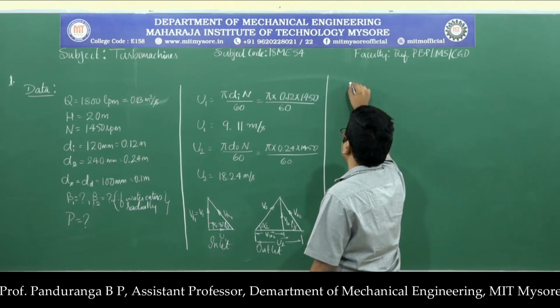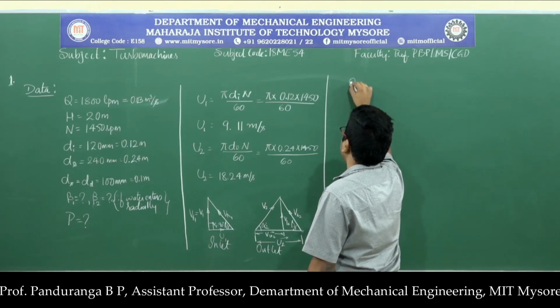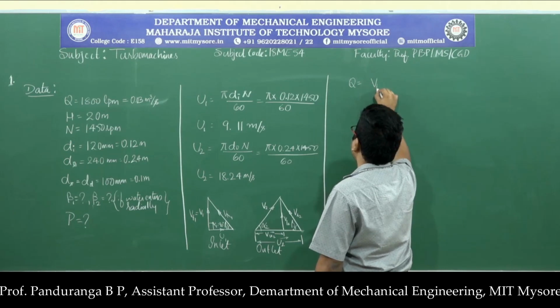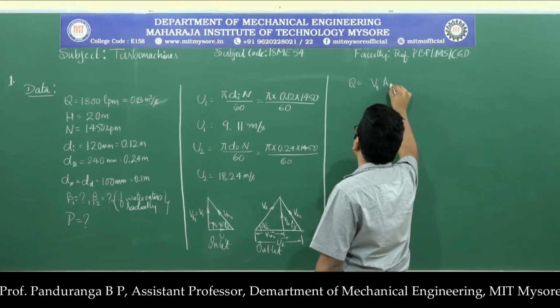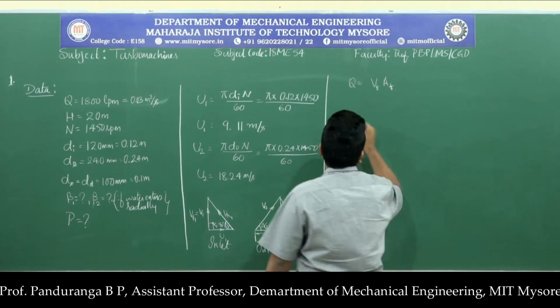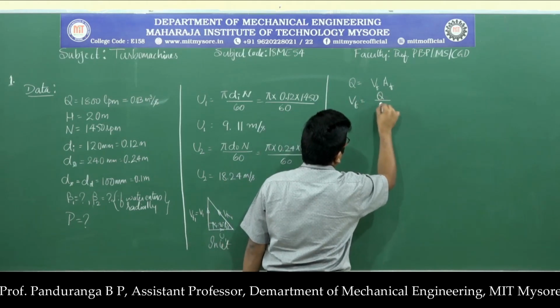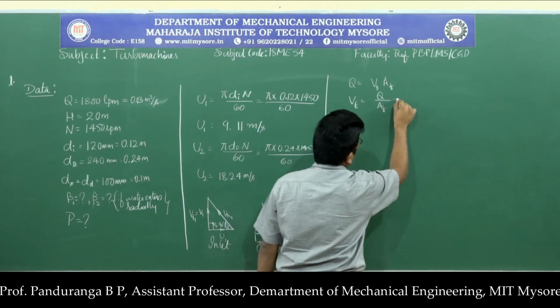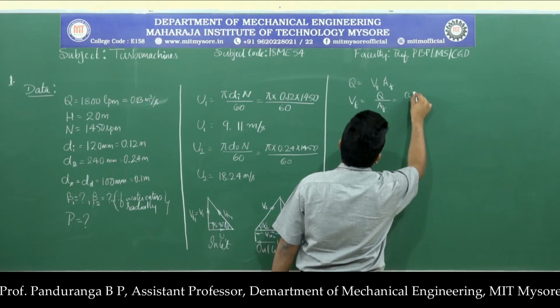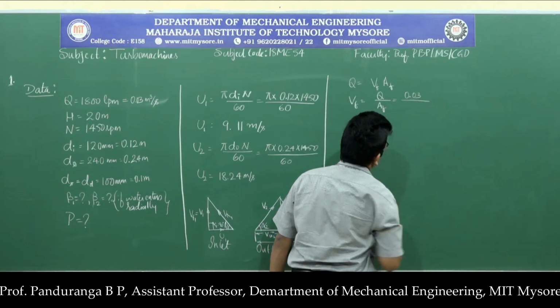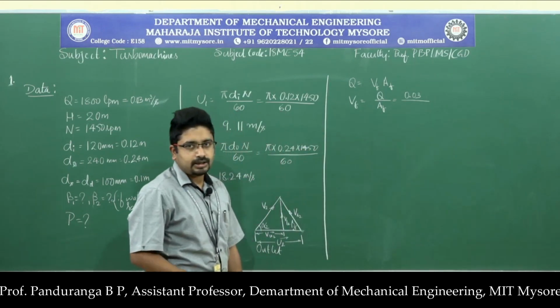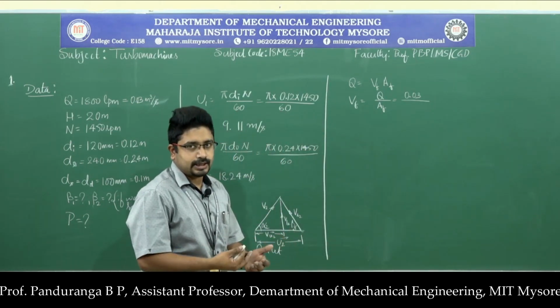So I can write Q is equal to Vf into area of flow Af, or Vf is equal to Q divided by Af, which is equal to 0.03 divided by the flow area.